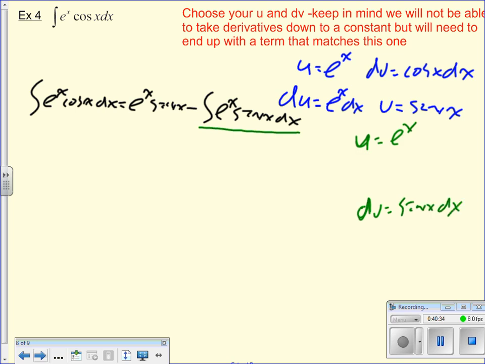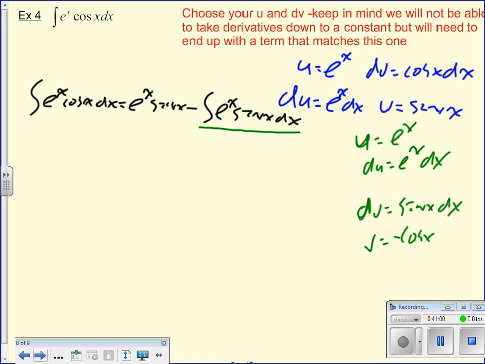What is my du? If u is e to the x, du is e to the x dx. And what's my v? Negative cosine x. All right. Oh gosh, it's gonna be huge. Trust me. I know you don't want to trust me.